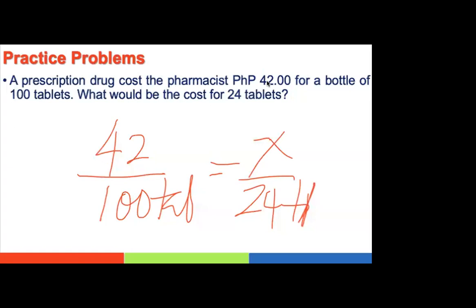Alam niyo ba, ganun lang yung tinutubo sa mga ibang gamot. Nagsashare lang ako. Kunwari, sa isang sikat na brand ng paracetamol, 4 pesos per tablet. Alam niyo ba, nabibili siya sa distributor ng 3.8 per tablet.